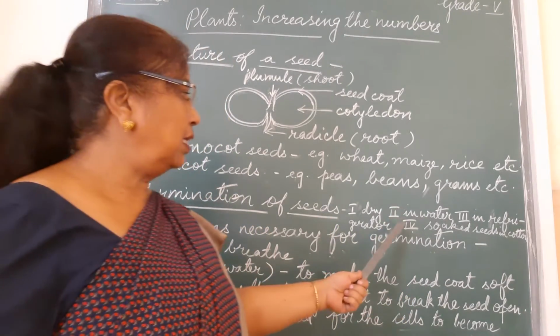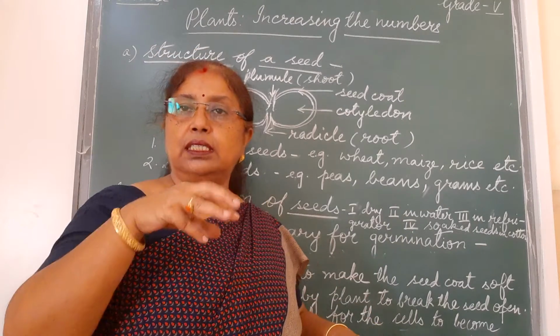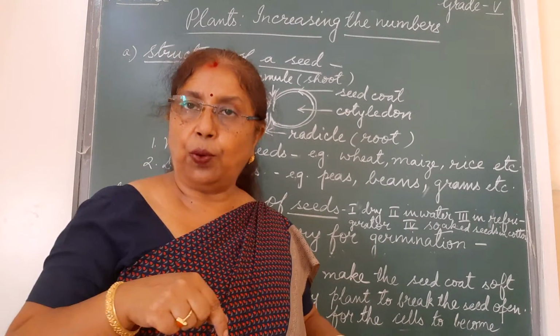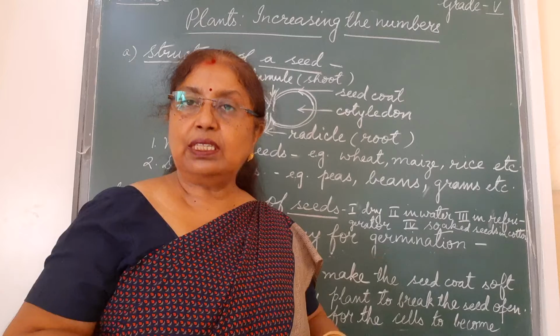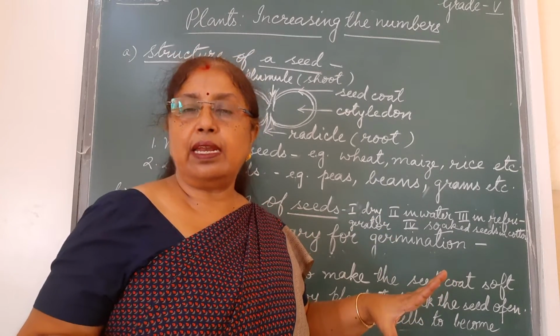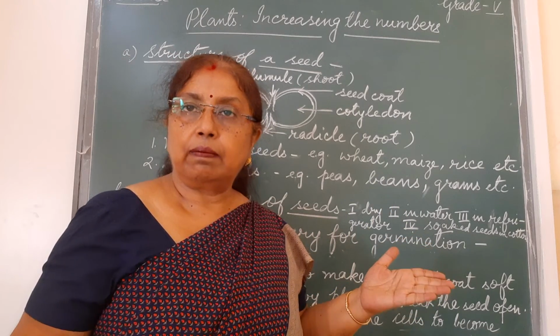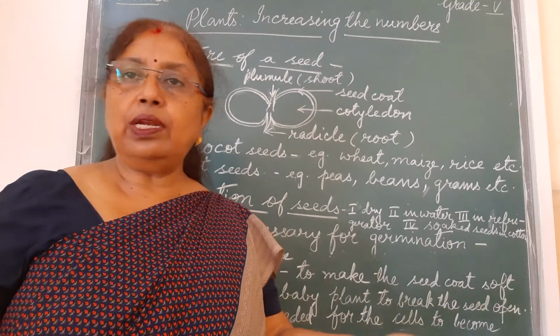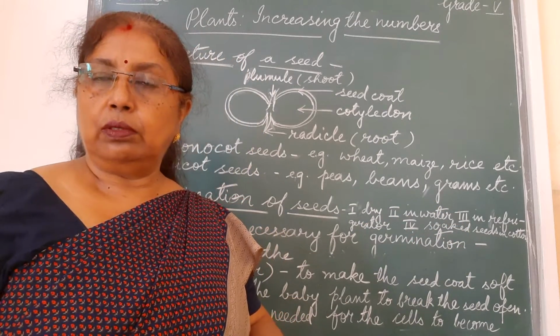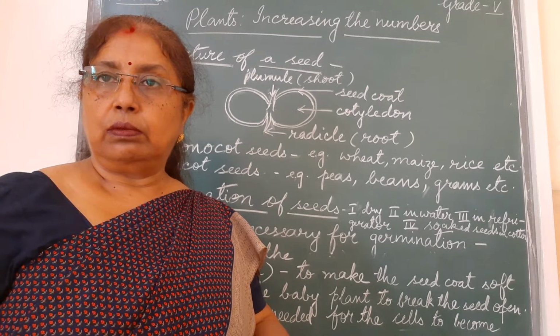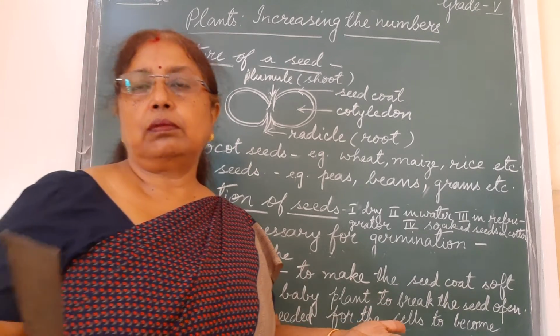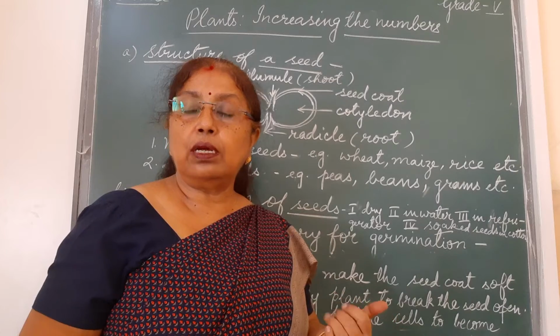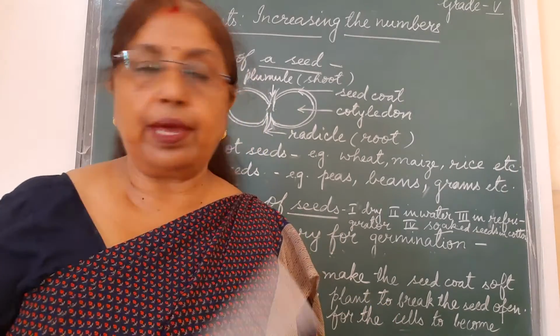In the second one, since the seeds are settled inside the water, they don't get any air. Even if it is kept outside, it is getting only water and sunlight, no air.